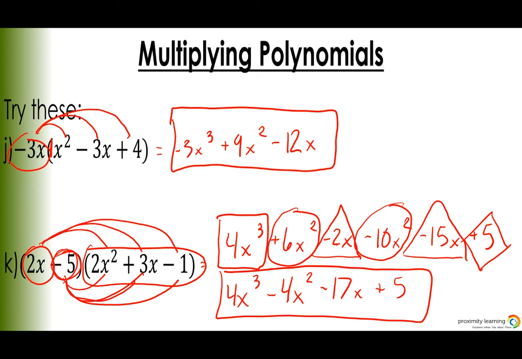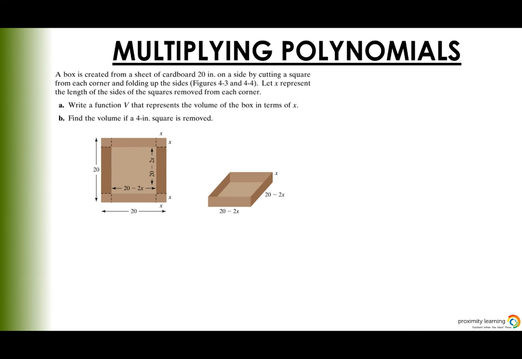So 2x minus 5 times 2x squared plus 3x minus 1 results in 4x cubed minus 4x squared minus 17x plus 5. Okay. Now, we're going to take a look at this one.